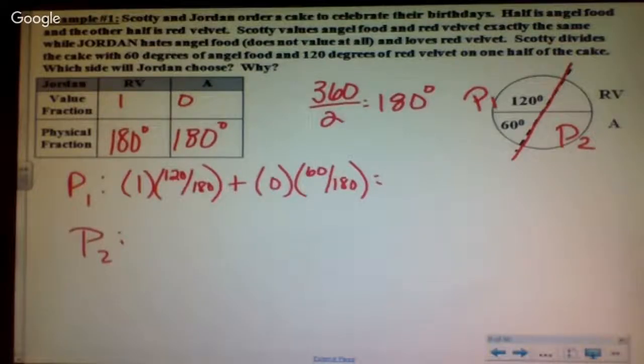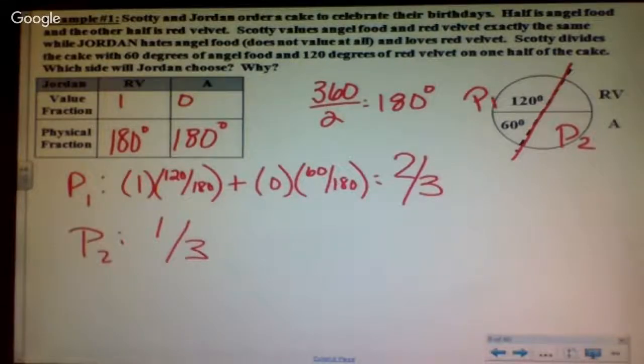Make sure you change it from a decimal to a fraction. I said 2/3. Okay, so piece 1 is 2/3. If piece 1 is 2/3, what is piece 2? 1/3.